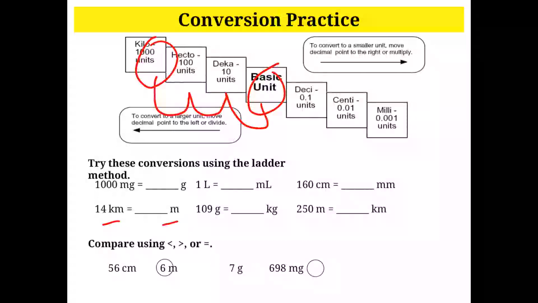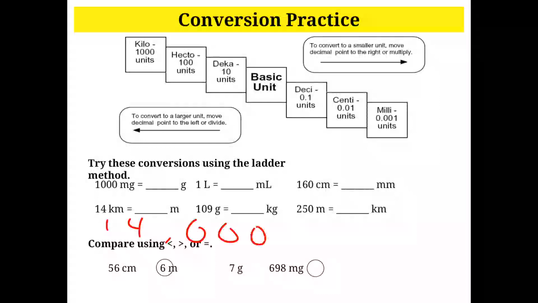What we're going to have really is 14,000. 1, 2, 3. So 14,000. Because when we go to the right, we're multiplying by, in this case, 1,000.